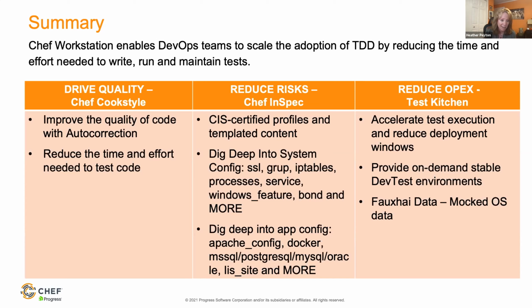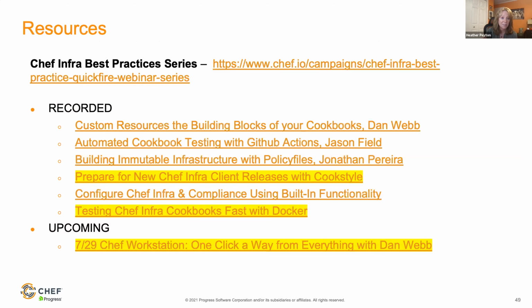We also have the premium content now for remediation if you haven't checked that out. And then Test Kitchen, which really helps eliminate all of those challenges of testing being hard and slow. You get dev test environments, the integration with Docker, the ability to run the same test across multiple devices. We also have Fauxhai, which is a mocked database, including a bunch of OS settings and things like that. So really an accelerator for doing testing in that DevOps testing space for sure, and even moving into some of the integration testing.